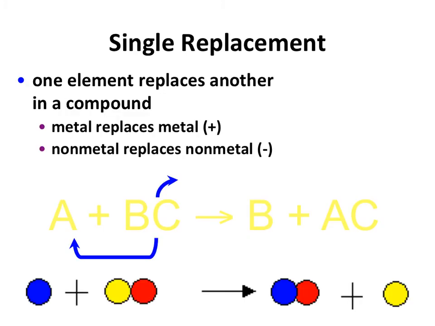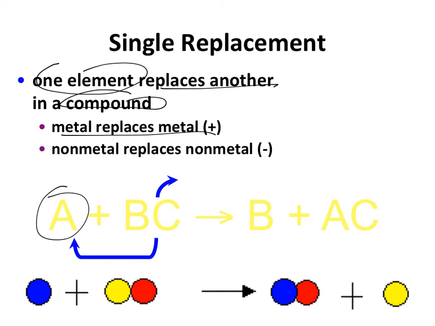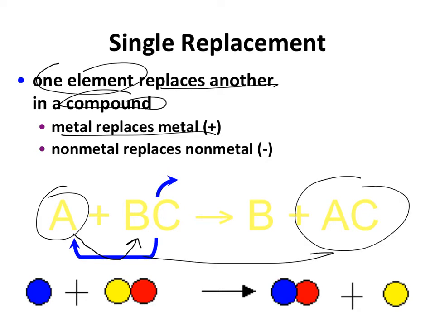Single replacement reactions are a situation in which one element is going to replace another element that's found inside a compound. Usually the metal is going to be replacing another metal, or the non-metal will replace another non-metal. In this case, A is going to replace B to give us AC. Notice that B is now by itself.